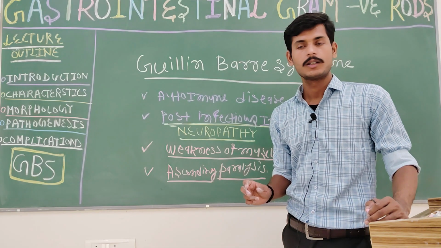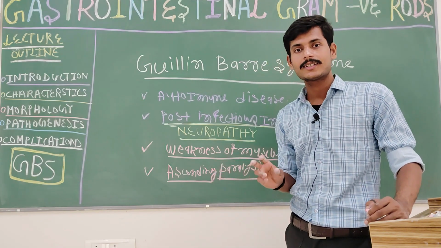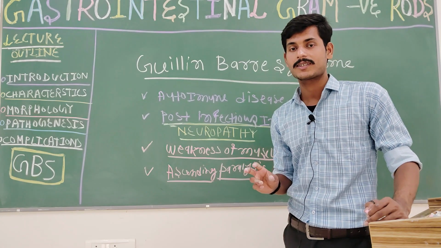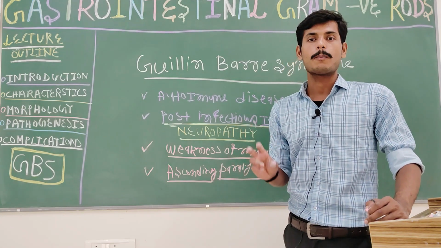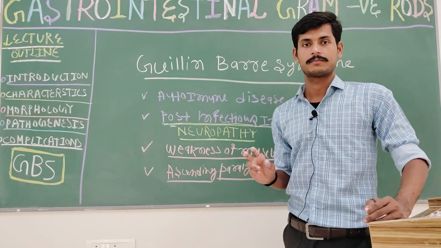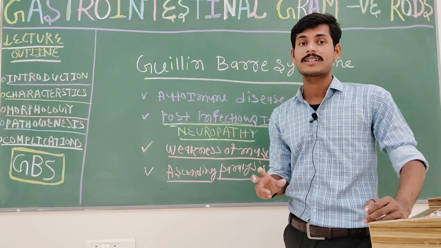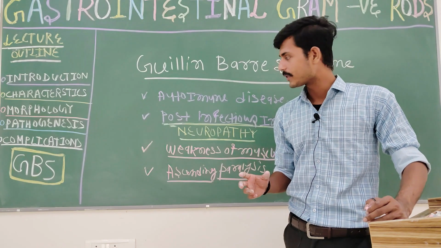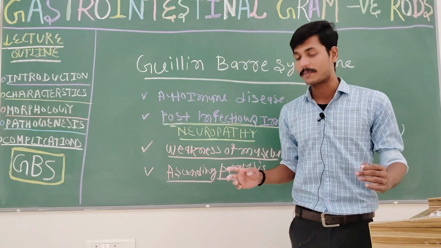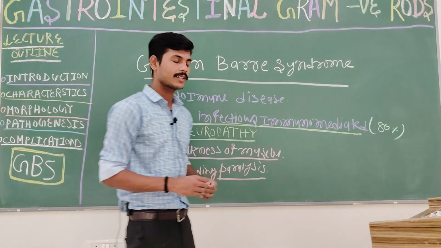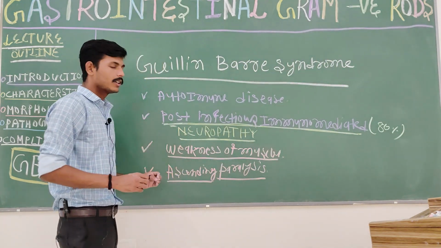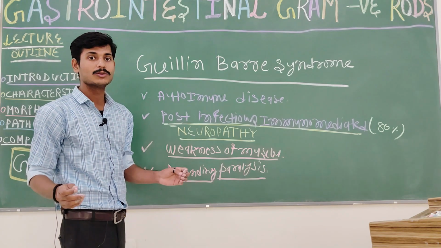If there is any problem in the respiratory muscles, the patient has problems in breathing, or there is respiratory distress. That is an emergency condition. You have to immediately put the patient on ventilation, otherwise you lose the patient.